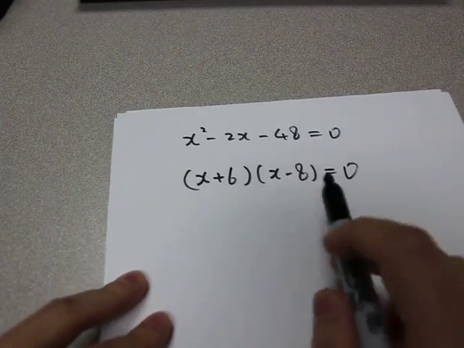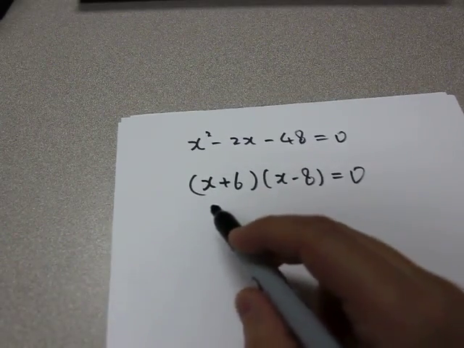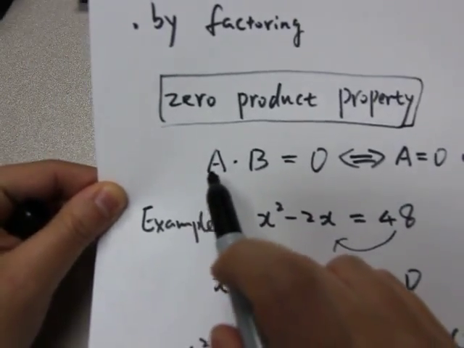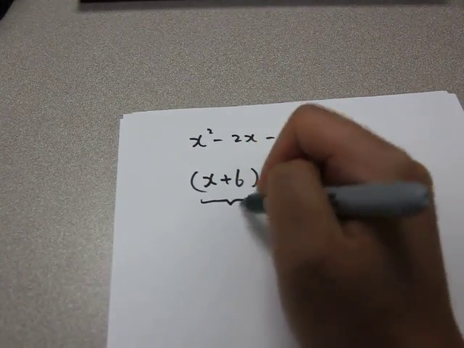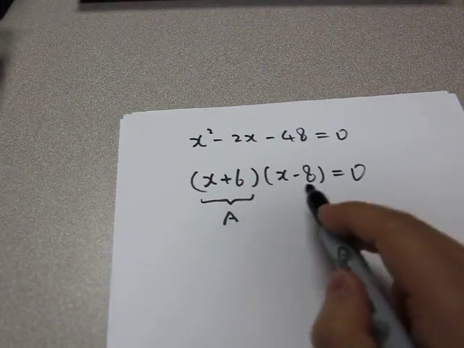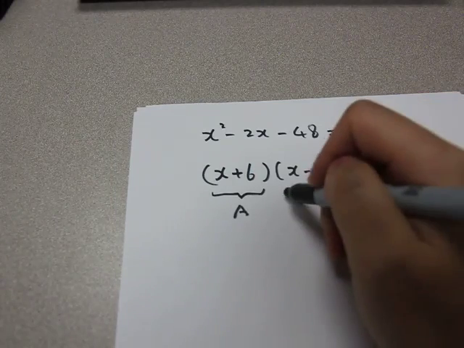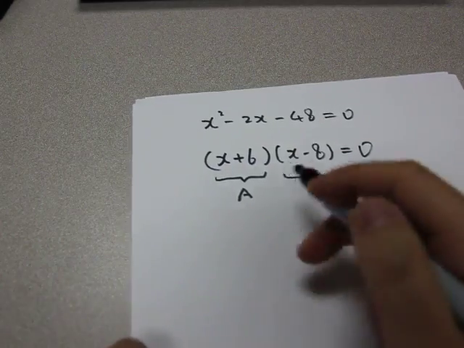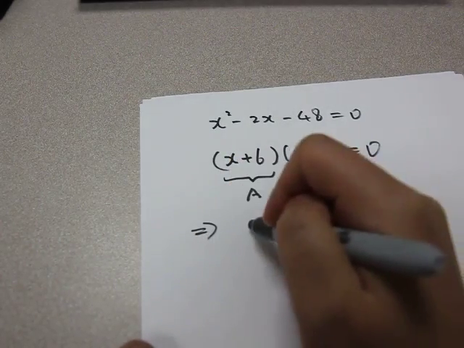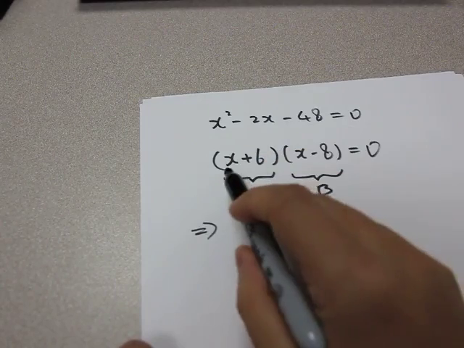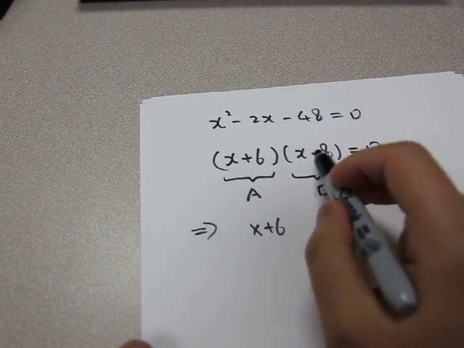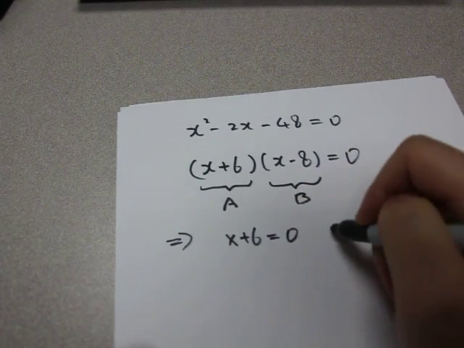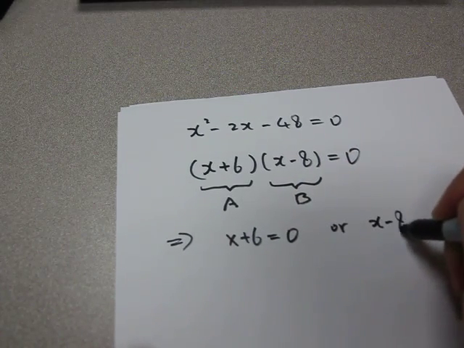Okay, now from here, if we use the zero product property, A is like our first factor, x plus 6, and B is like our second factor. Then I know if x plus 6 times x minus 8 equals 0, that means x plus 6 equals 0 or x minus 8 equals 0.